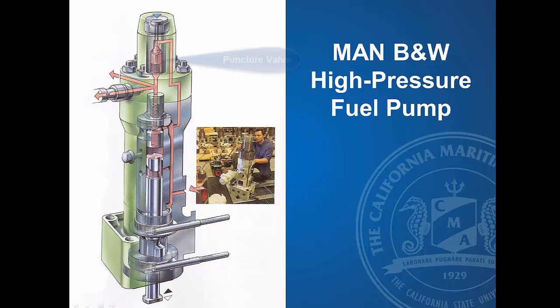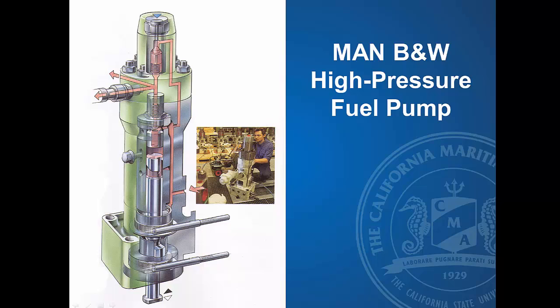All right, this is a cutaway of a Burmeister-Wain high-pressure fuel pump. The features that have been added to this pump are the puncture valve, the suction valve, and variable injection timing. And we're going to talk about variable injection timing first.